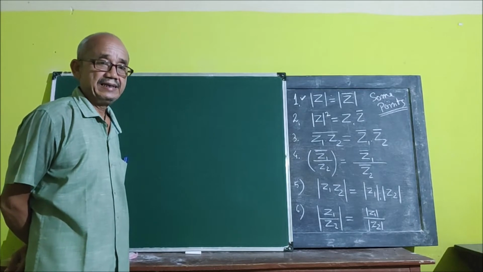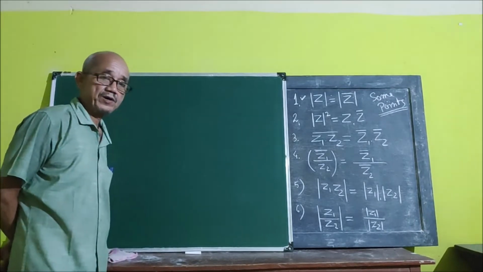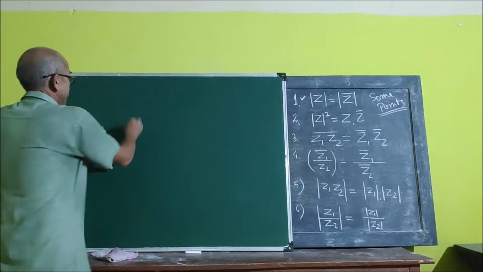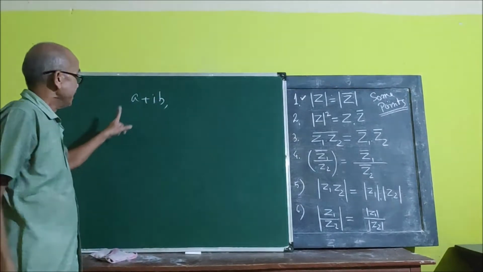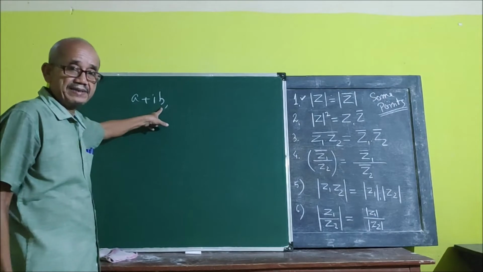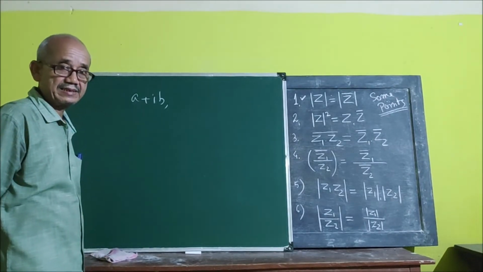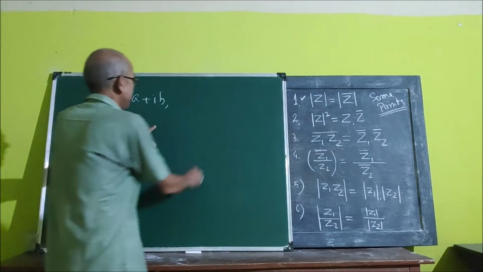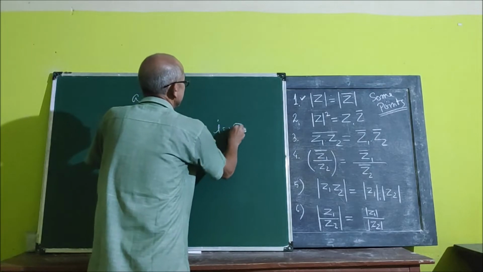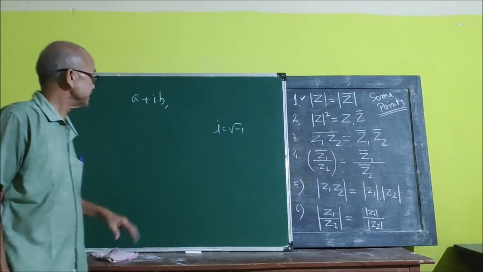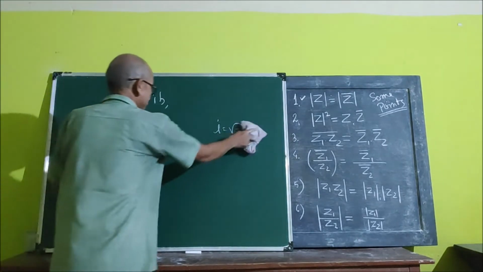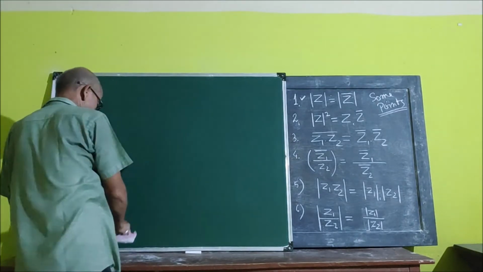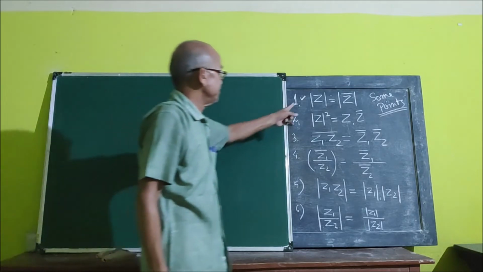A complex number is in the form a plus ib, where a and b are real numbers and i equals root over minus 1. Then this number is called a complex number.